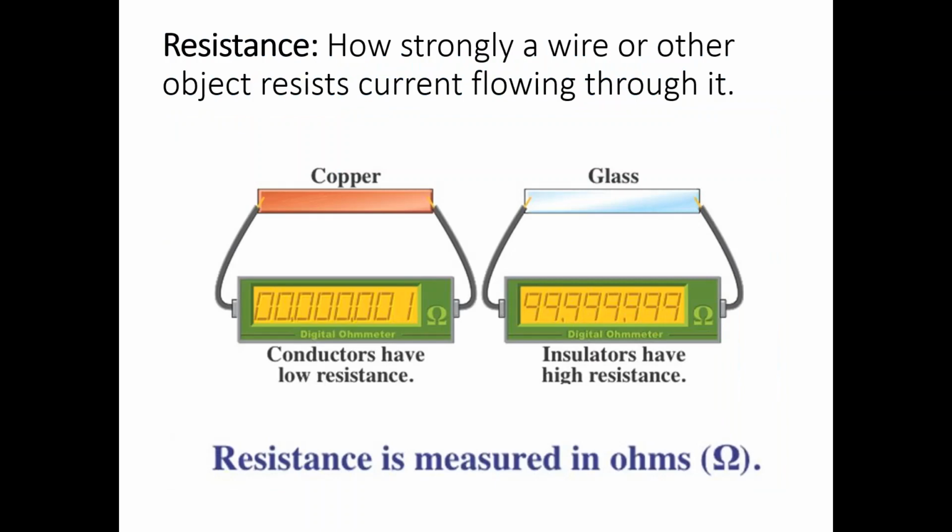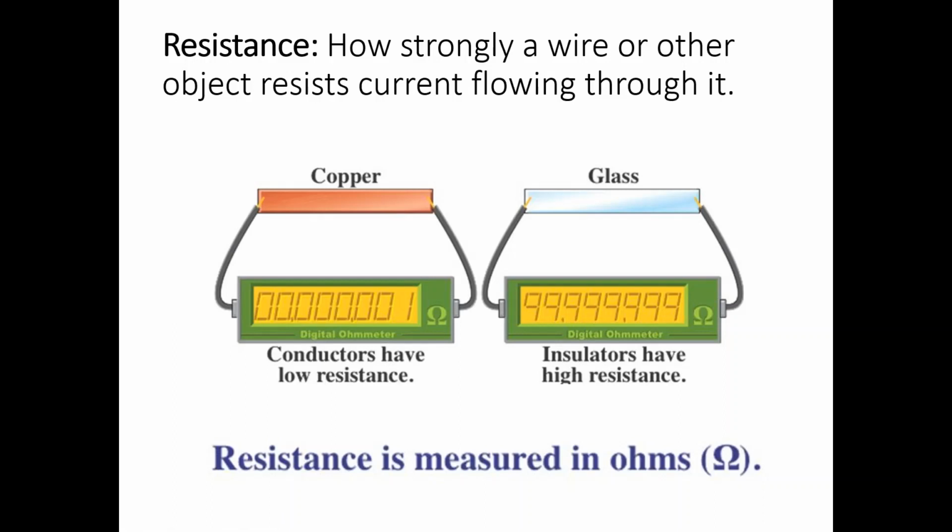So resistance means how strongly a wire or other object resists current flowing through it. Copper, you can see, has a very low resistance. You can see from the digital ohm meter. It's measuring how quickly the electricity can flow through it.